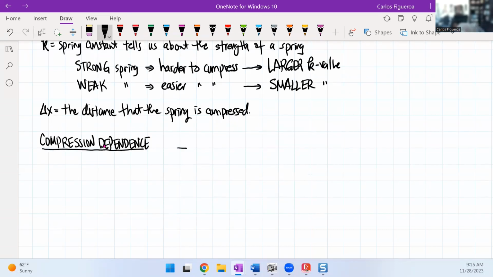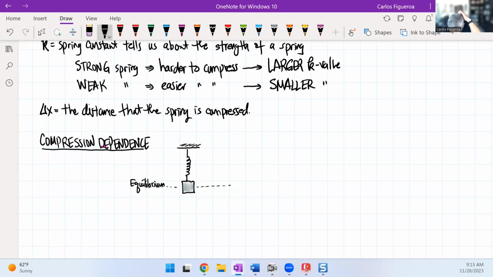So imagine that I have a spring, and when I allow this spring to come right here, where this thing hangs at, this is called the equilibrium point.